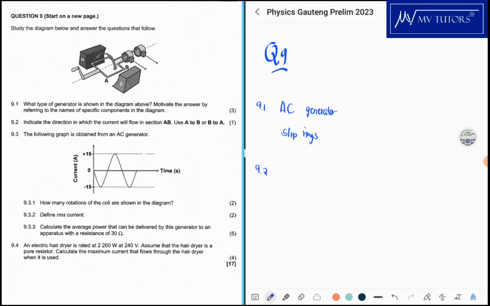And then where is your middle finger going? You can see that it's going in the direction of B to A. So the direction in which the current will flow is from B to A.